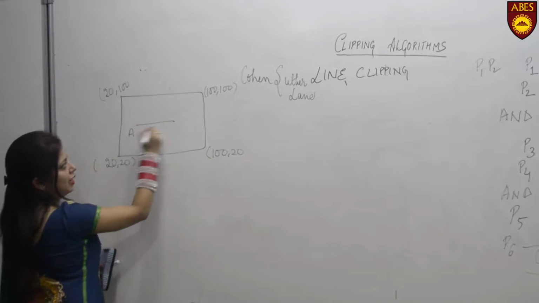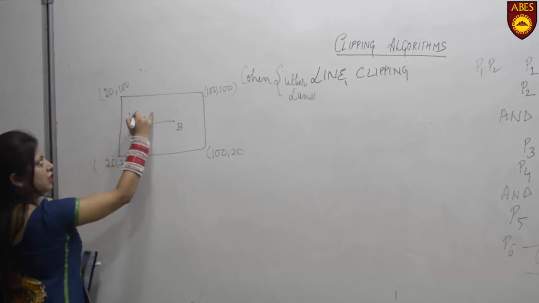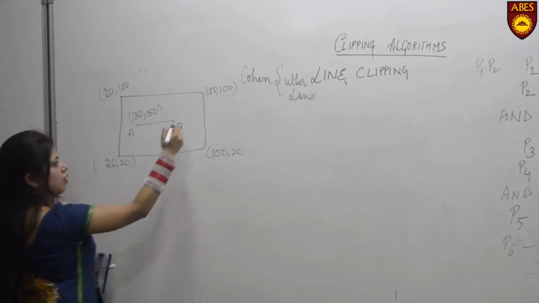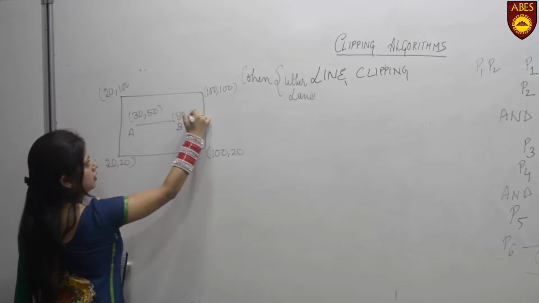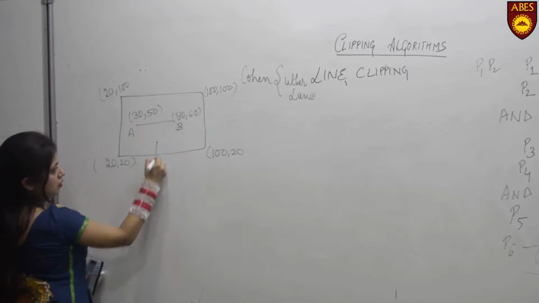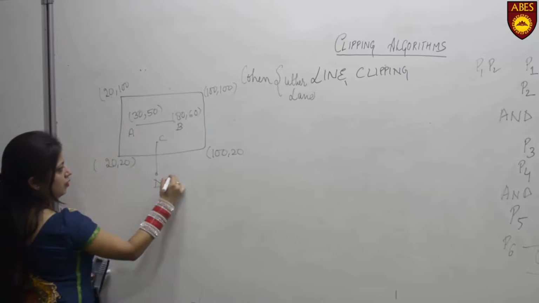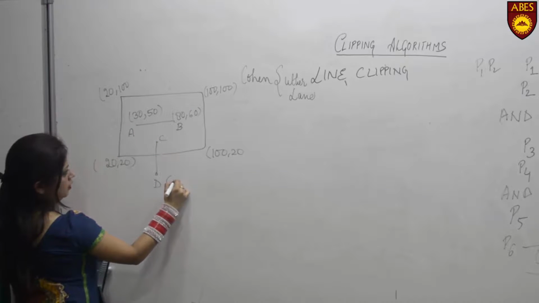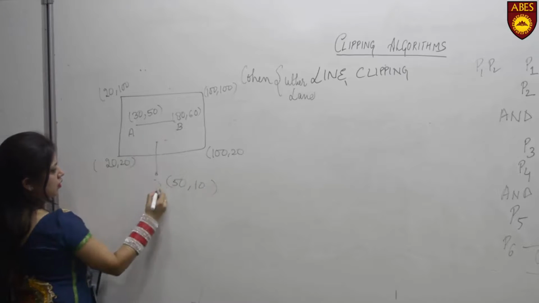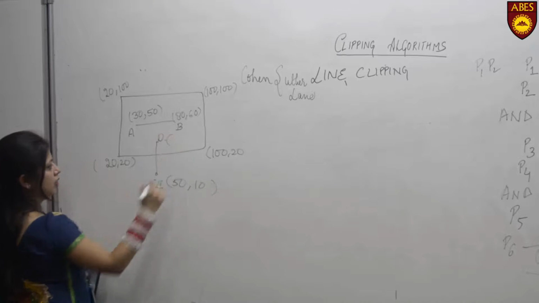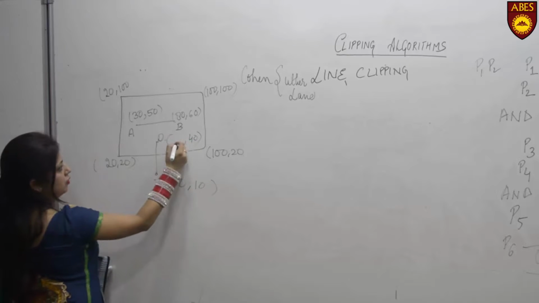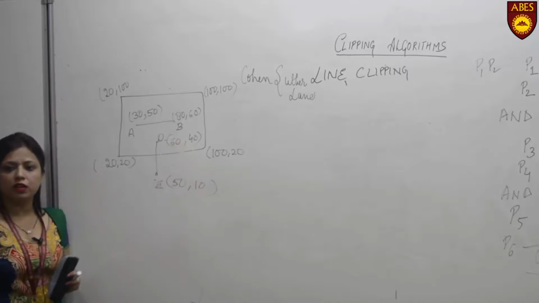For example, you are given a line AB where A has the coordinates 30, 50 and B has the coordinates 80, 60. Similarly, you are given a line CD where C has the coordinates 50, 10 and D has the coordinates 60, 40.